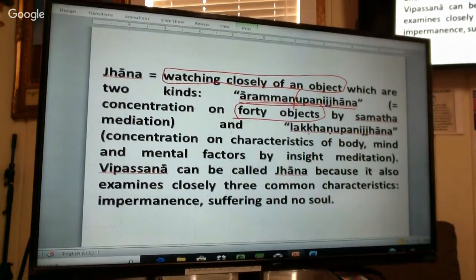And then another jhana is Lakkhanupanijjhana. Lakkhanupanijjhana means Lakkhana plus Upanijjhana. Lakkhana means characteristic.